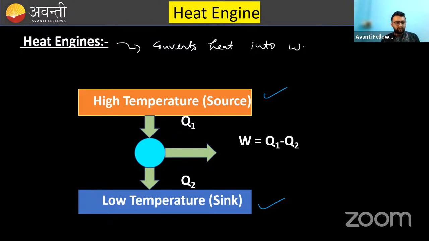Now, what is the construction, the schematic, of a heat engine? The heat engine has two important things: a high temperature source and a low temperature source. The high temperature body is known as the source and the low temperature body is known as the sink. The sink is generally where we throw out the heat.